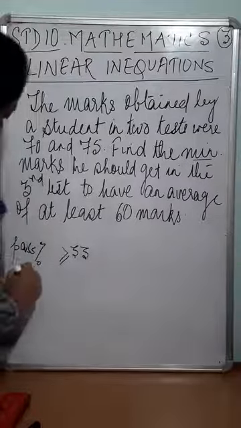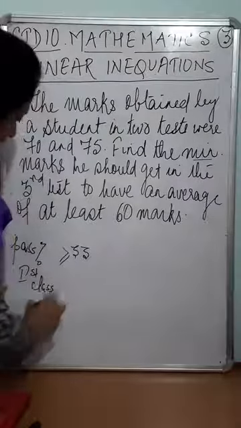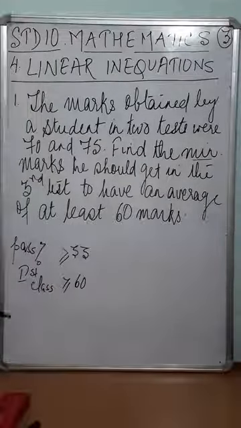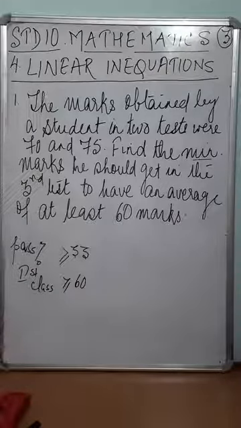To get a first class, what should be the pass percentage? Greater than or equal to 60 in all the subjects. And if you want to score more than 90, it should be greater than or equal to 90.